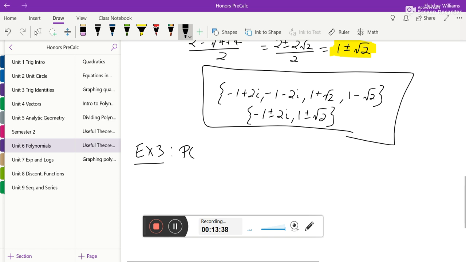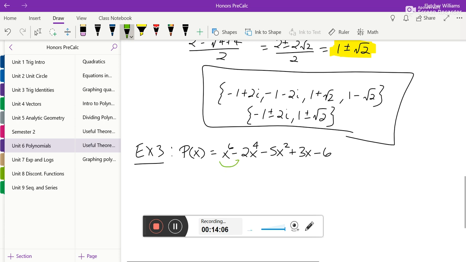Let's say you're given p of x is equal to x to the 6th minus 2x to the 4th minus 5x squared plus 3x minus 6. We want to know what are the possibilities for positive or negative real roots. So we first look at p of x, see how many sign changes there are.